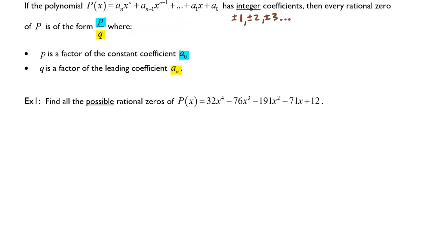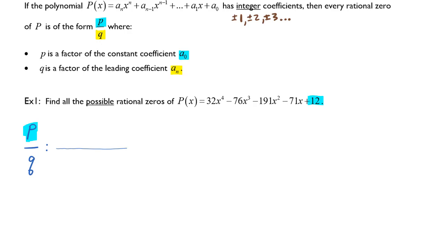So in the first example, we have find all the possible rational zeros of p of x equals 32x to the fourth minus 76x cubed minus 191x squared minus 71x plus 12. If we want to know what p over q is, I'm just going to write that off to the side, p over q, and I'm going to list all the factors of p.